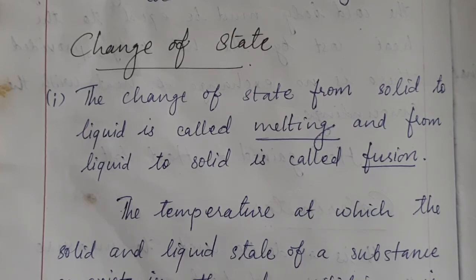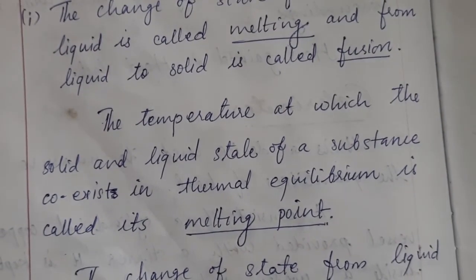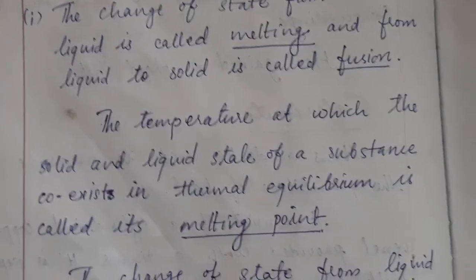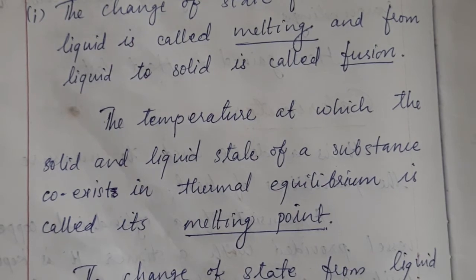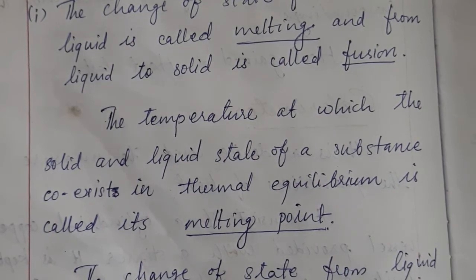There's a particular temperature at which the solid and liquid state of a substance coexist. This temperature is called the melting point. Ice melts even at normal temperature.